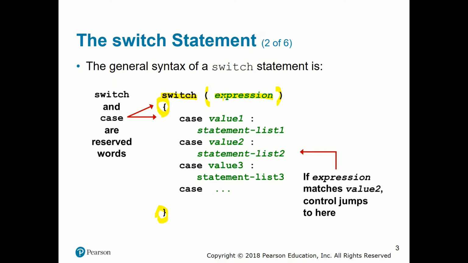And inside the switch, there are several case statements like this. Beside the case statement, you should write a value and colon, value and colon, value and colon. And inside each case statement, there could be several statements to be executed, like this.